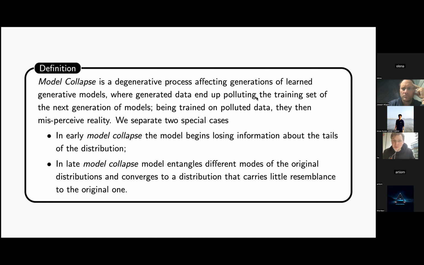What we observe is that in the early stages of model collapse, your model loses some information about reality, mostly about details of the distribution, and more on this a little bit later. And towards the end, we discovered that model collapse forces the models into a very weird state that is as far from reality as it can be. Again, I'll touch upon what it means for language models and vision models in a little bit.